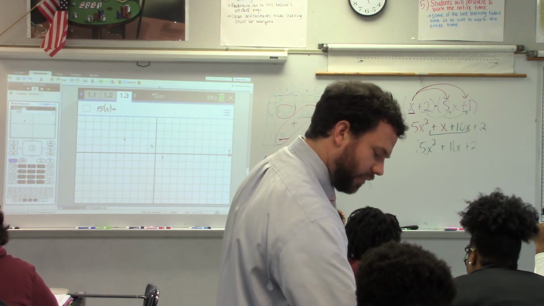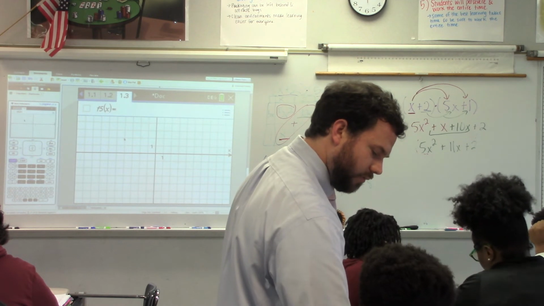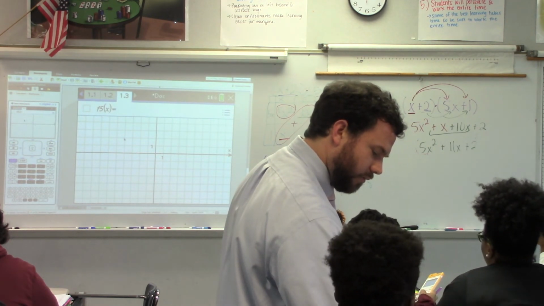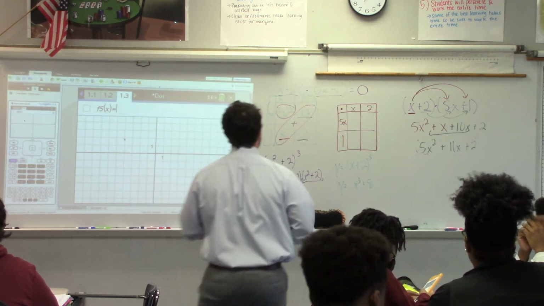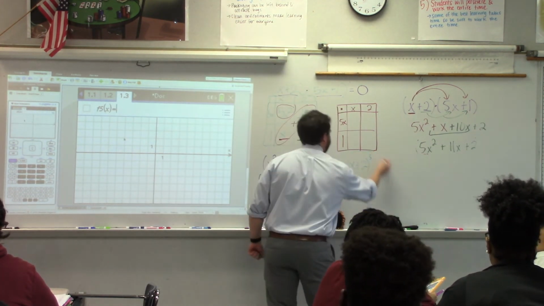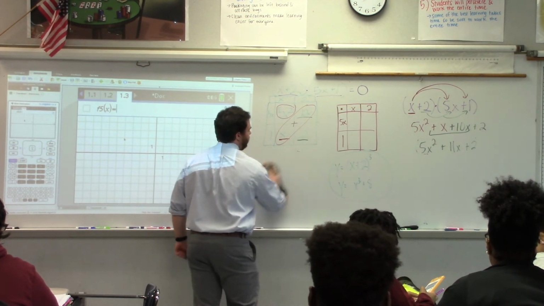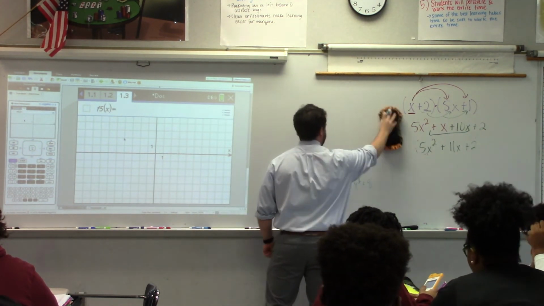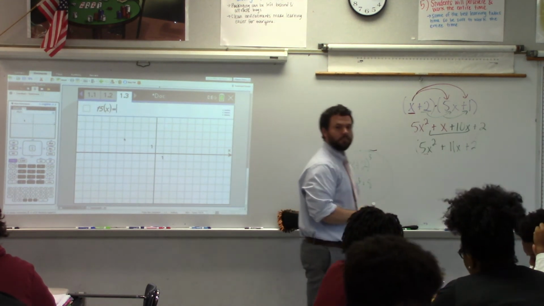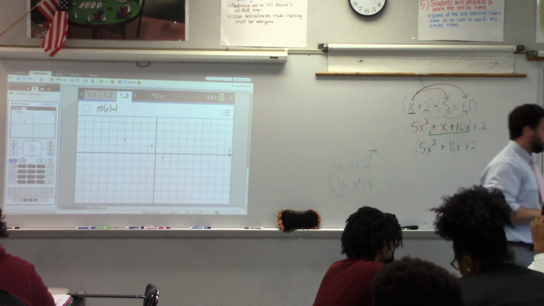X to the third, yes. Why'd you do 2 there? You're looking at the wrong one. Guys, sorry. This over here is what we are graphing, not this purple. Remember, that was a different example. No, it's not the same?